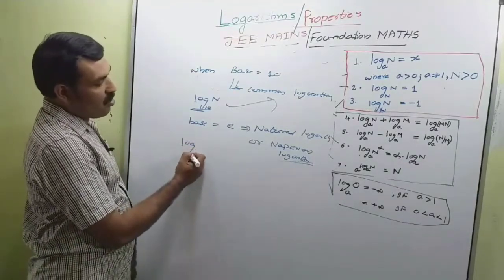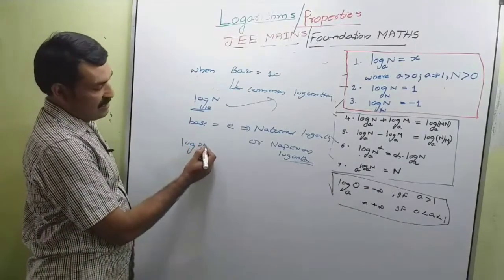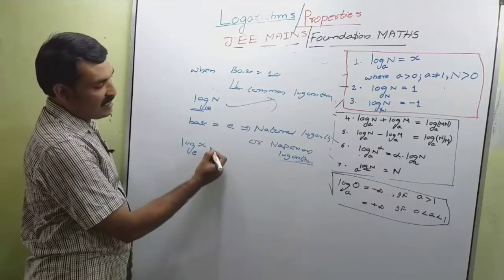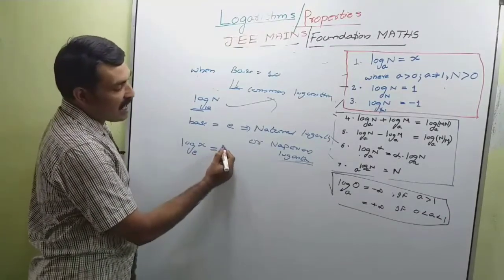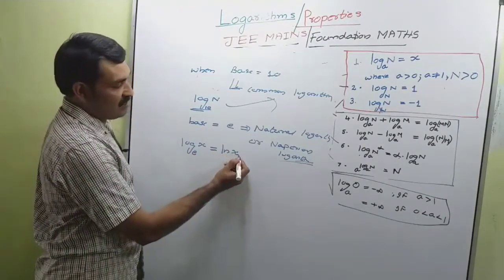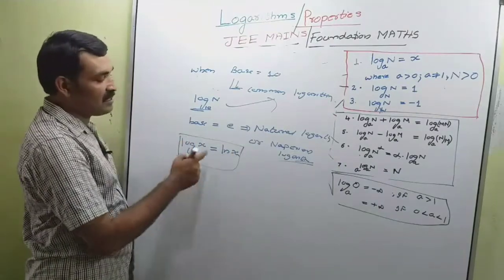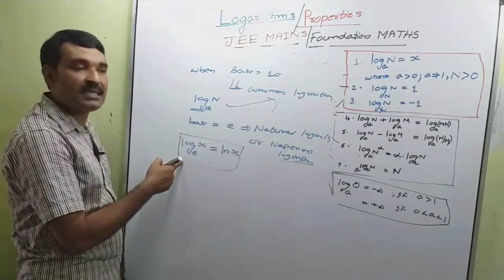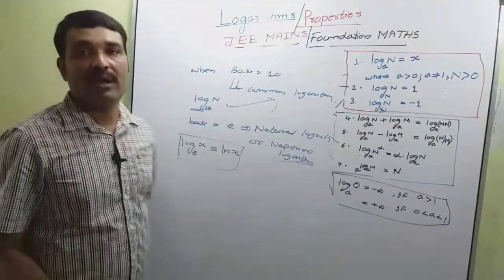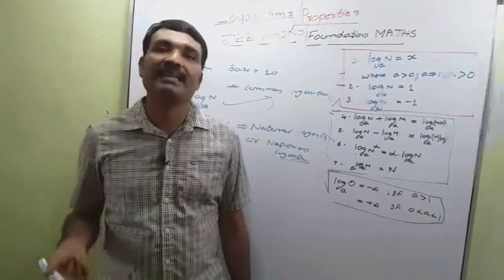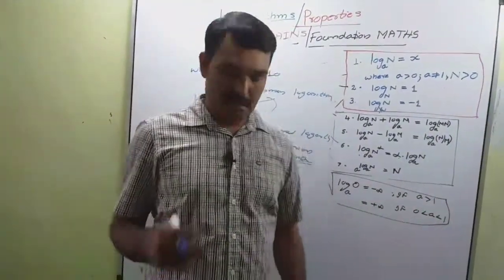Log of any number x to the base e is denoted by ln x. Okay, so ln x means the base is always e, that is called natural logarithm. And when the base is equal to 10, that is called common logarithm.